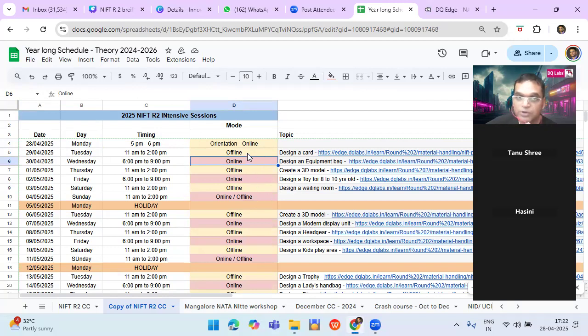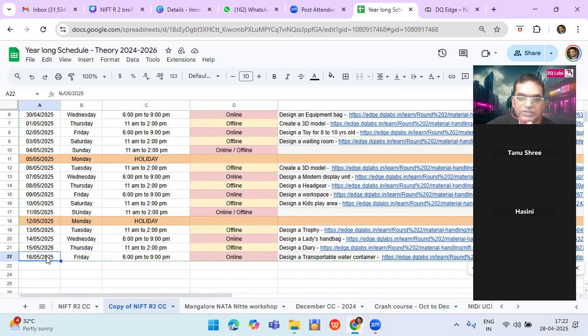So if you're able to attend offline, please do attend, and the online session as well. In case you can attend only the online sessions, please access the offline assignments, do them, upload your work on Edge, and when you're attending the online classes, take feedback on that from the faculty. We are starting from tomorrow till 16th of May.